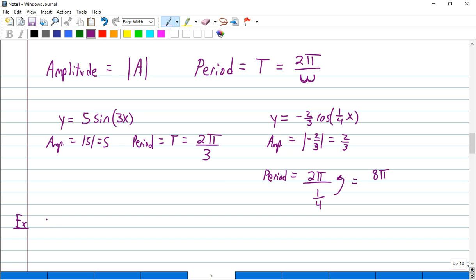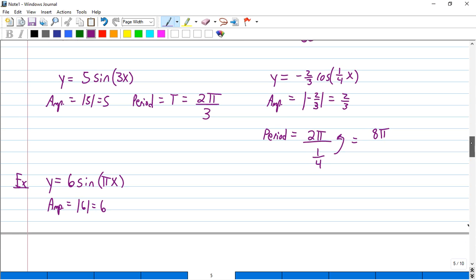All right, what about this one? y equals 6 sine of pi x. So the amplitude is 6.